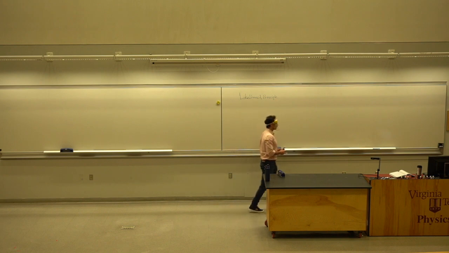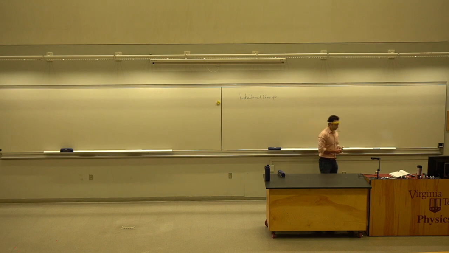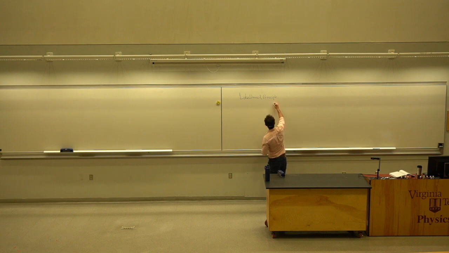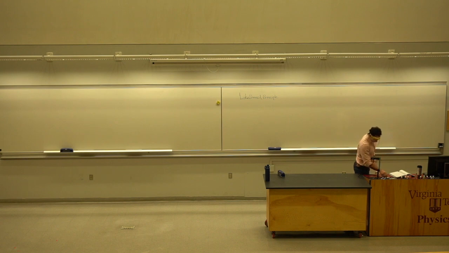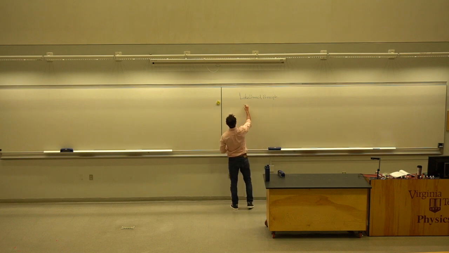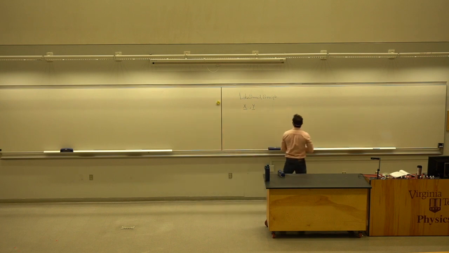The likelihood principle in our main reference text, Casella and Berger, is stated as basically given two data sets or data points, x and y. I'm using the vector notation here.